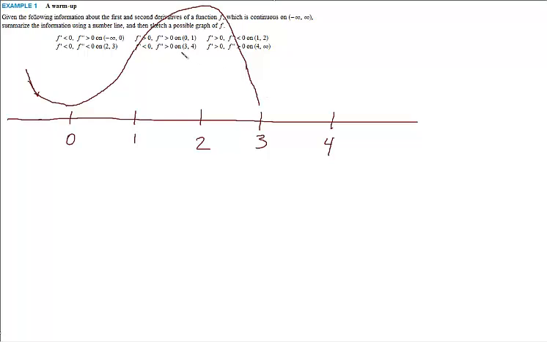What happens from 3 to 4? Still decreasing, but now it's concave up. Then I get to 4, and at 4 it's now increasing and concave up. So that's going to look like this.